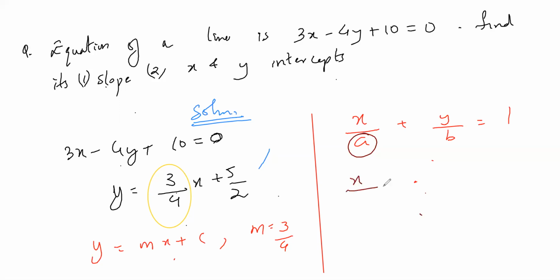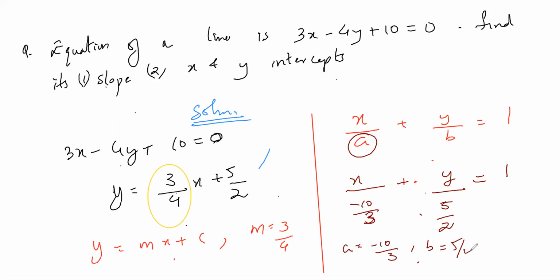So x by minus 10 by 3 plus y by 5 by 2, because this is my y intercept, equal to 1. So what is my x intercept? Minus 10 by 3, that is A. A is minus 10 by 3 and B is equal to 5 by 2.